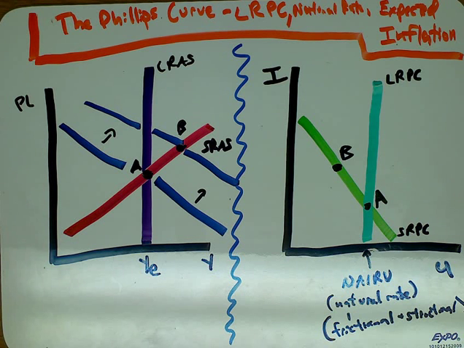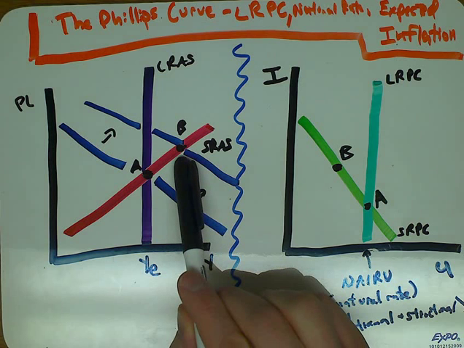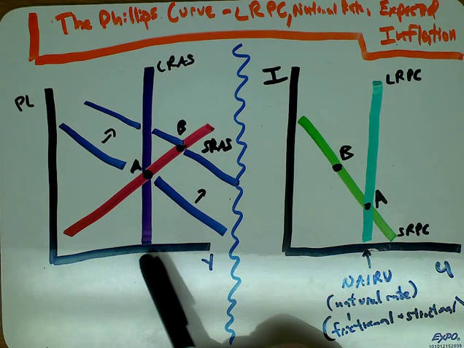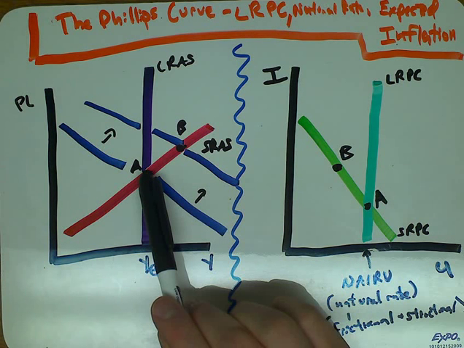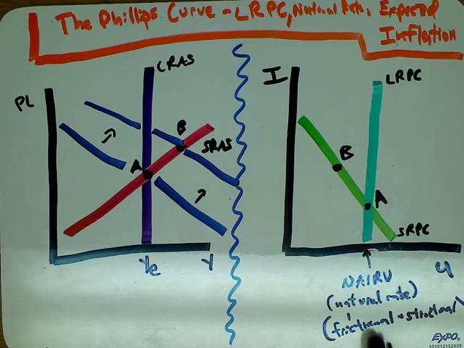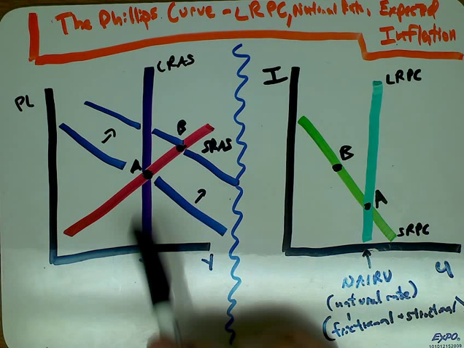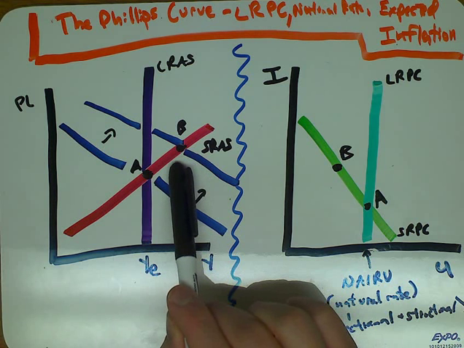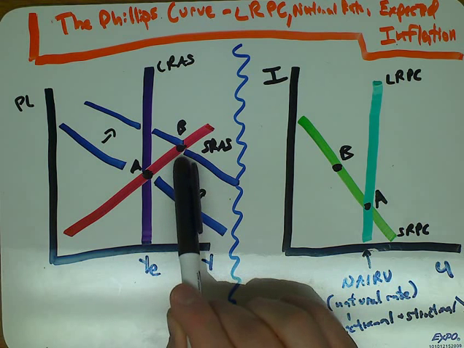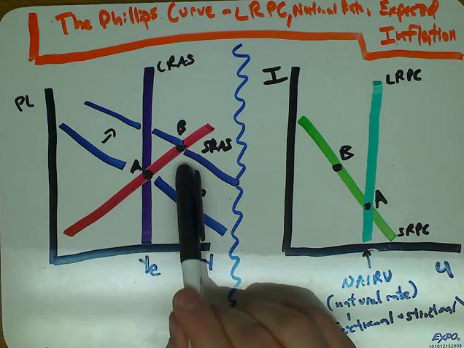So what's going to happen in this economy is we're going to see an adjustment back to equilibrium. At point B in the long run aggregate supply model, there is no competition for work. At the natural rate of unemployment, at A, everybody's working except for these frictional and structural people, and then the people who aren't in the labor force. But at point B, where more people are working than were before, what any smart worker would do is they would negotiate for higher wages.